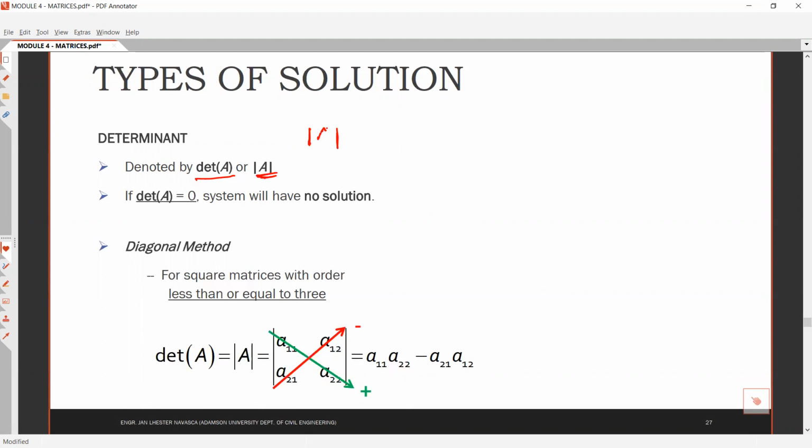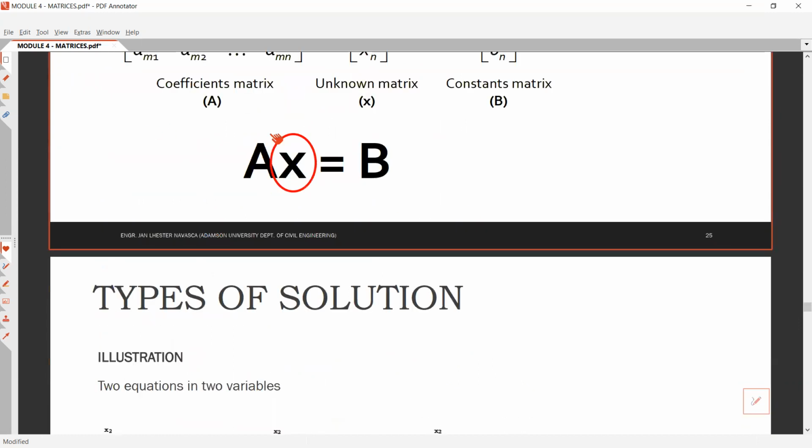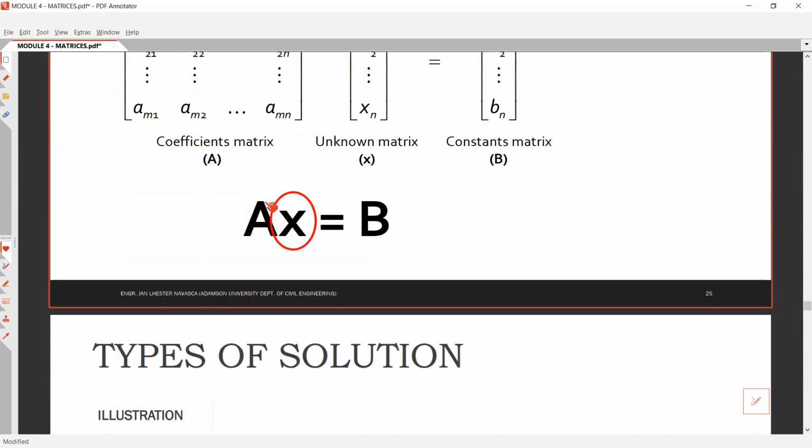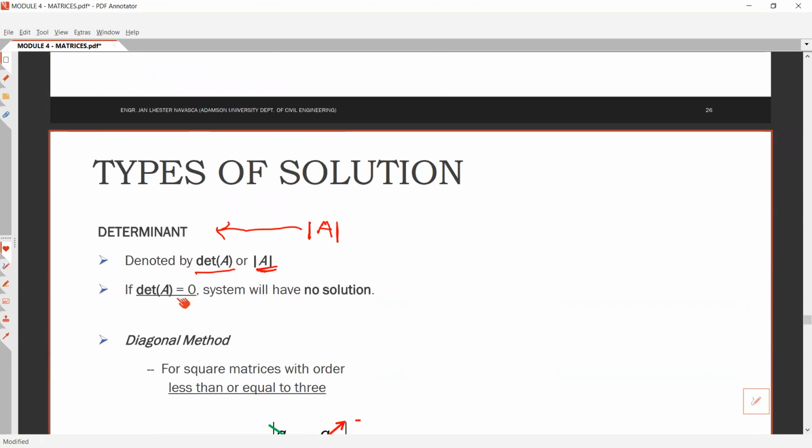So kapag ganyan may matrix, ibig sabihin niyan, kinukuha mo yung determinant ng matrix A. Okay? So for this one, if the determinant of the matrix A of the system, whereas yung A natin kanina, syempre ito yung coefficient matrix. So kapag kinuha mo yung determinant of the coefficient matrix is equals to 0, therefore, the system will have no solutions.